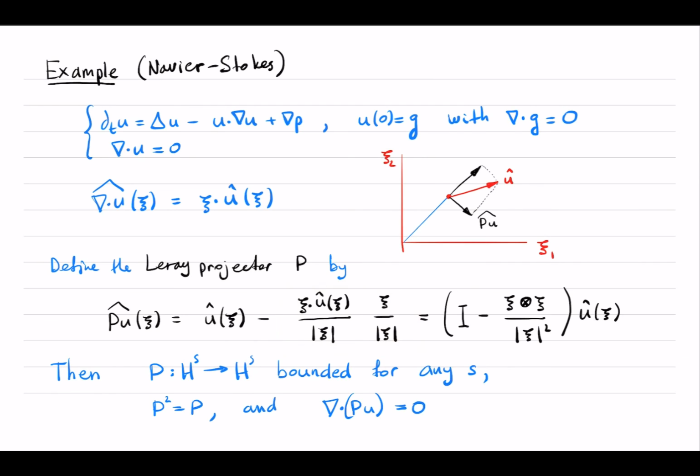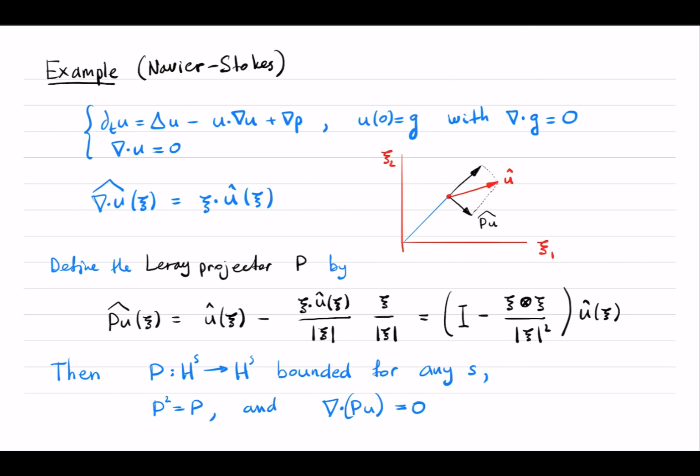And on this picture, this vector. And we subtract that from u, that will give us the projection onto the space orthogonal to the radial direction. And it can also be written in this way: identity matrix minus this matrix and multiplied by u. And the Leray projection is simply the real space mirror of this projection in the Fourier space.